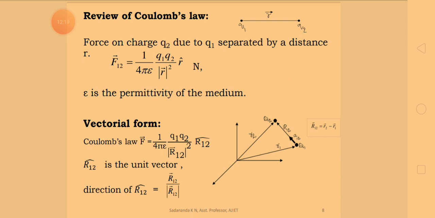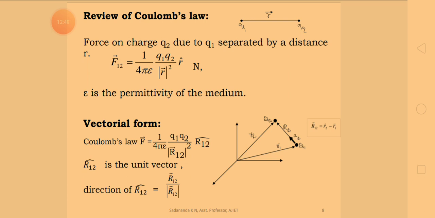When the two point charges, say Q1 and Q2, are placed at a distance r, as shown in the figure on the slide, the magnitude of the electrostatic force between the two point charges is directly proportional to the product of the magnitudes of the charges and inversely proportional to the square of the distance between them. So this is Coulomb's law of electrostatics.